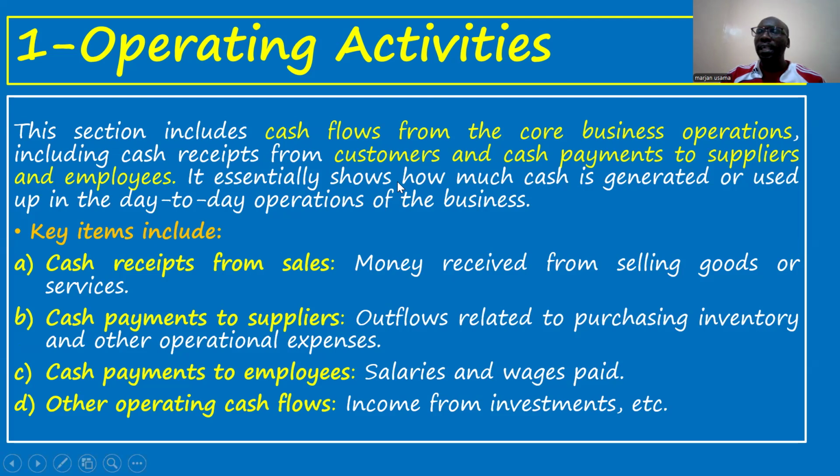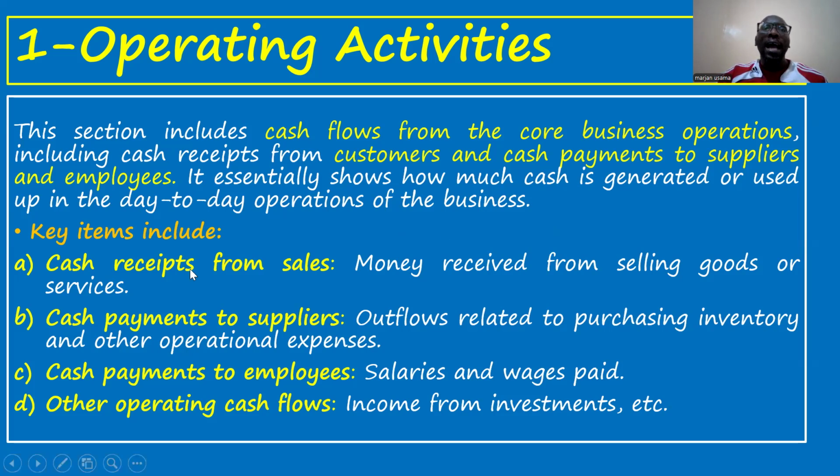It essentially shows how much cash is generated or used up in the day-to-day operation of the business, and that's why it is called operational, tashghiliya. So it helps us analyze the cash inflow and outflow from our daily operation.